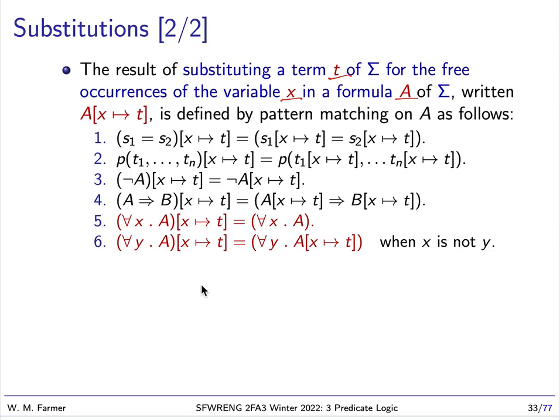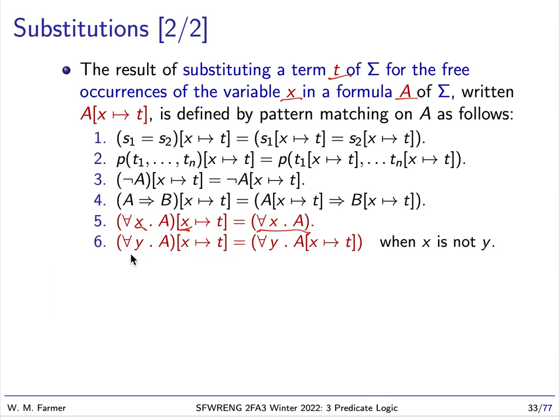Now the interesting case again is when we have a universal quantification. If we have for all x A, and we're going to substitute t for x in that expression, notice this variable and this variable are the same, then this formula obviously can contain no free occurrences of x. So we just get back the same formula.